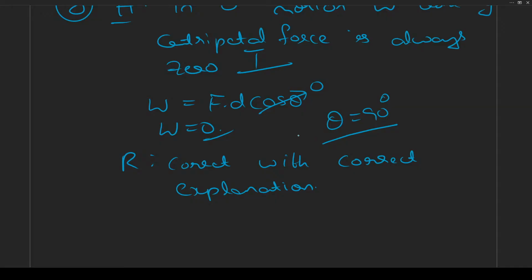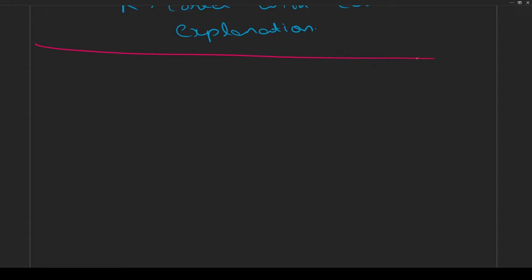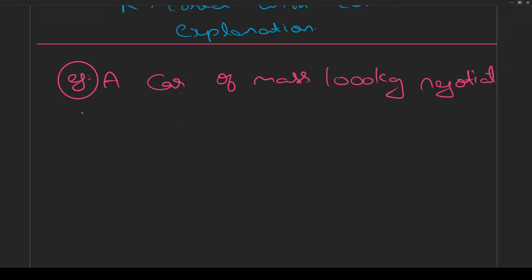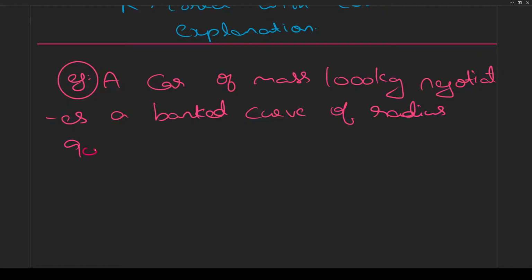Now next question. A car of mass 1000 kg negotiates a banked curve of radius 90 meter on a frictionless road.